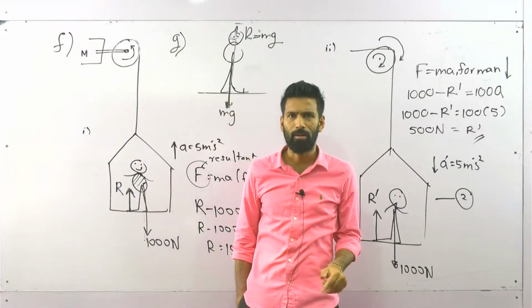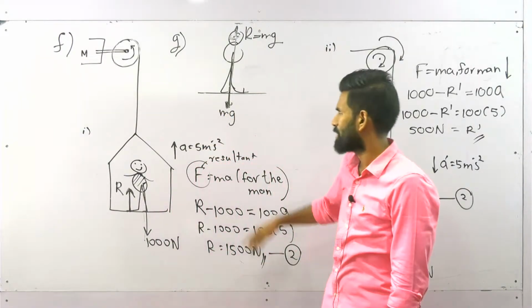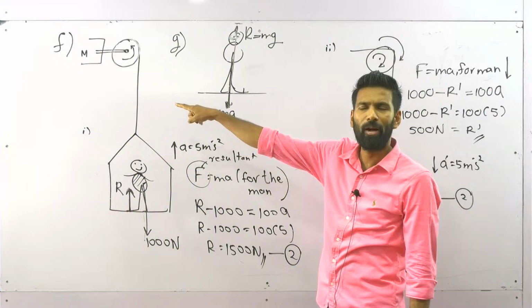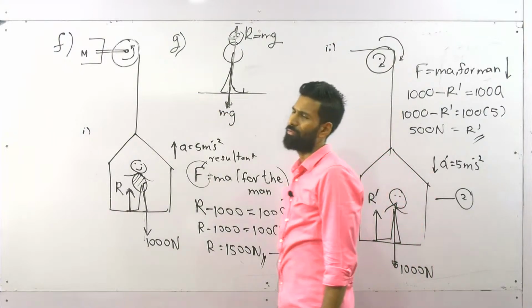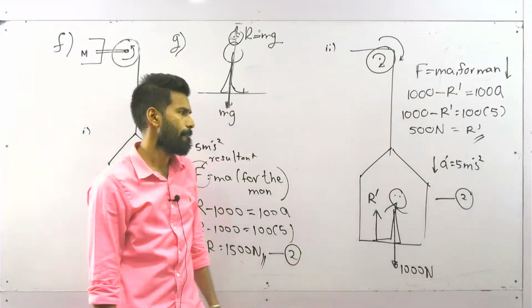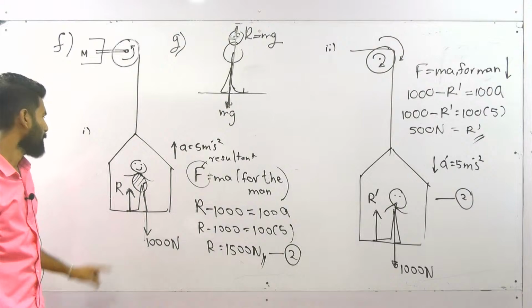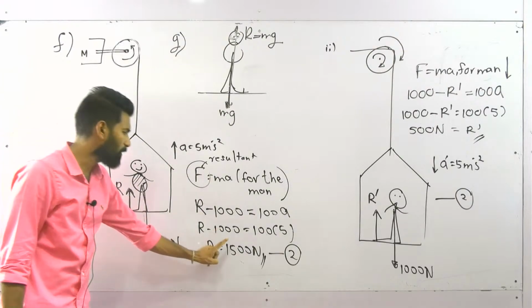Here in the first Roman number, the R value became 1500 newtons.